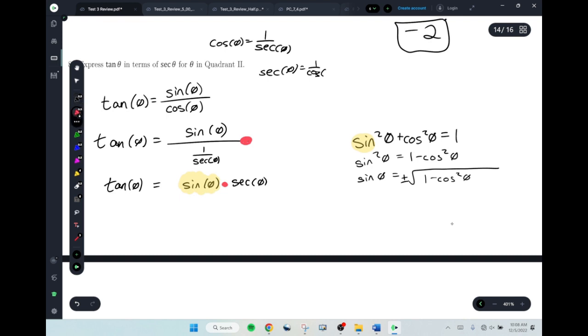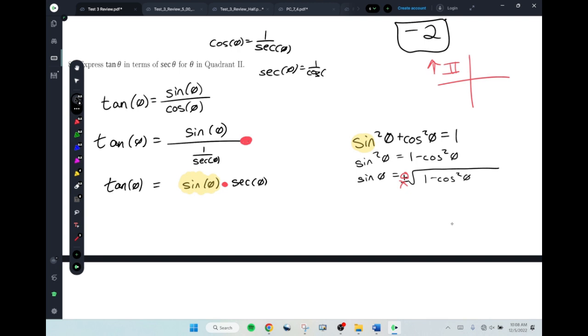How do we determine whether it's plus or minus? Quadrant 2. What does that tell us about sine? So it's the plus, not the minus. That's where the quadrant 2 comes in handy whenever that square root gets introduced. It's positive because Quadrant 2, vertical.